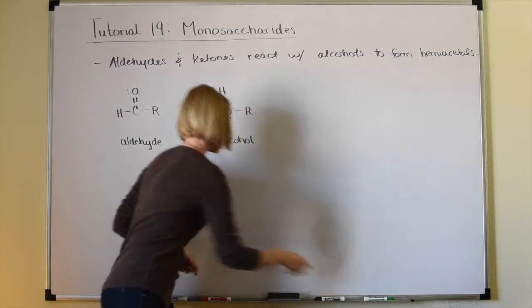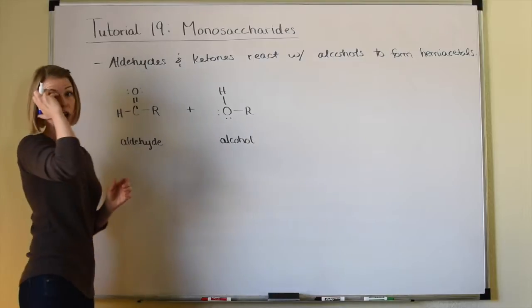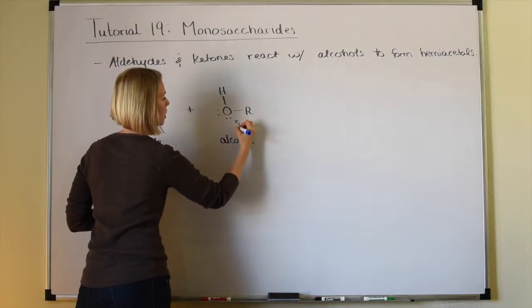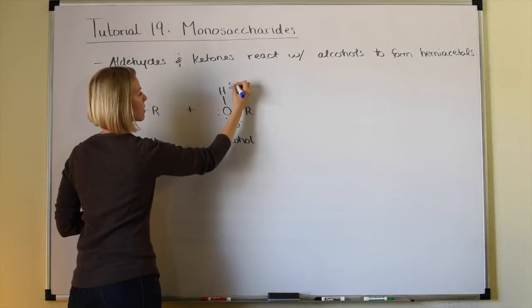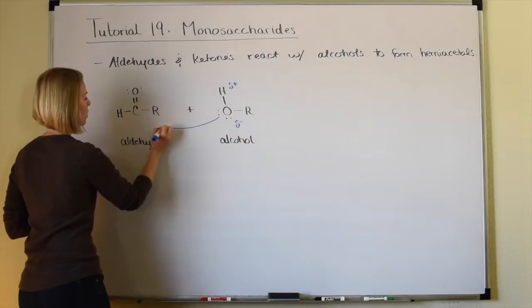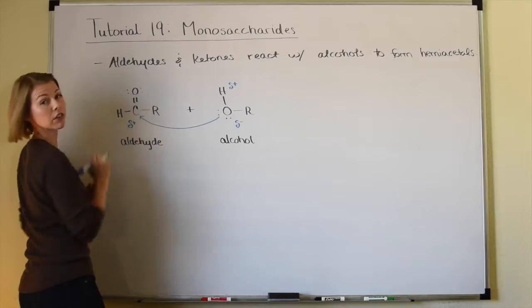So the method that I like to use here is to show my partial negative oxygen, this would be a partial positive hydrogen, being attracted to the partial positive carbon of the carbonyl.